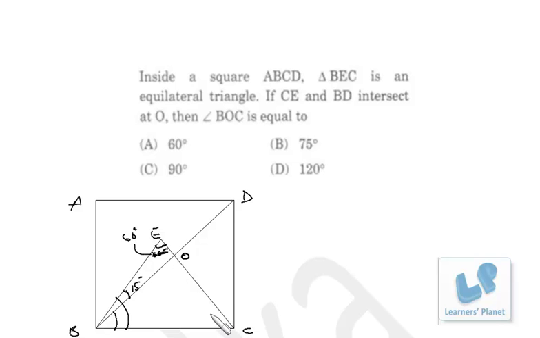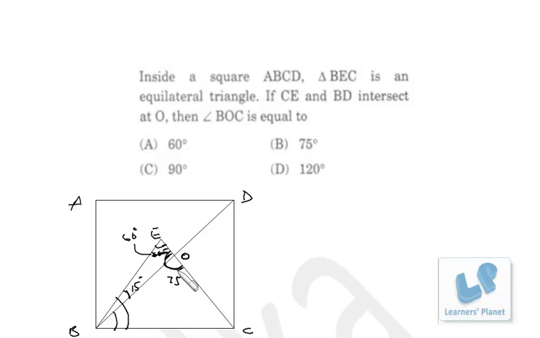BOC, that we have to find out. So this angle is 15 degree, this angle is 60 degree. That means this angle will be 180 minus 60 and 15, that is 180 minus 75, or we can say 105 degree. So this angle must be 75 degree, right?